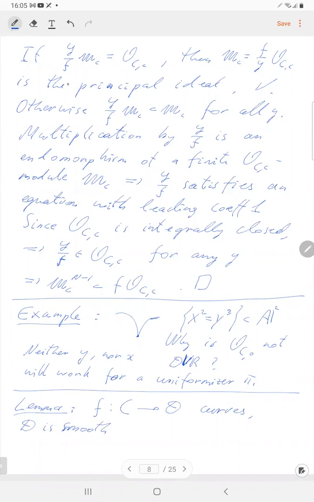But the morphism is birational, so they have the same fields of rational functions.